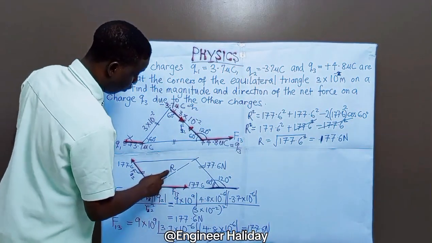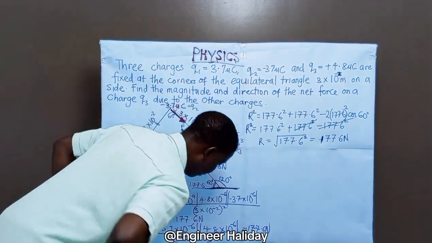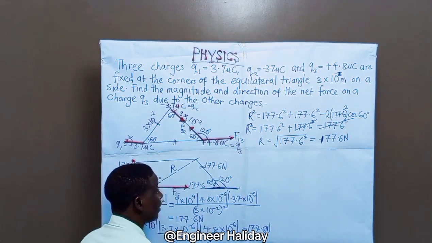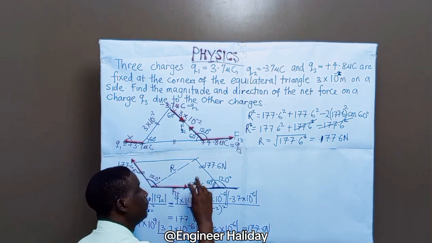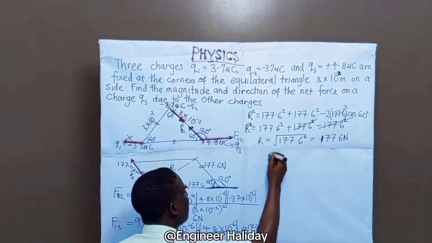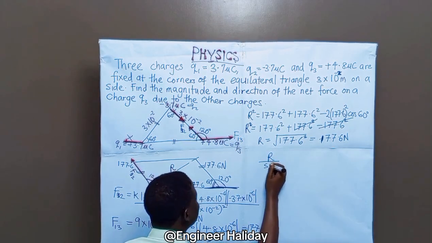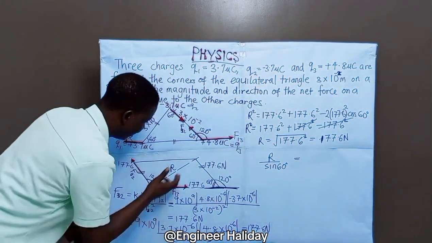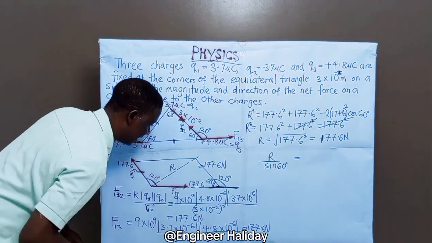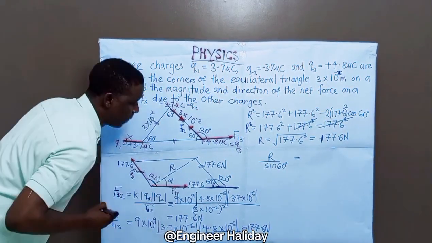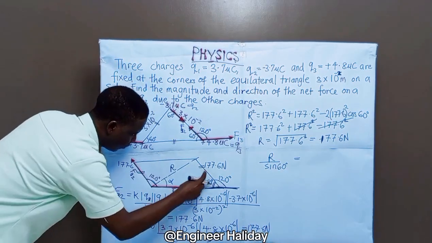Now another thing, after solving that, is to find the direction. We have gotten our resultant. To find the direction, we are going to use the sine rule. This one is facing this angle, so it becomes R over sine 60 degrees. Don't forget, using the sine rule, this side is facing this side. Then this direction we are looking for, alpha, according to the parallelogram, is facing this side.